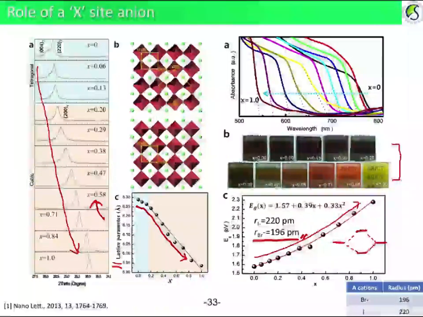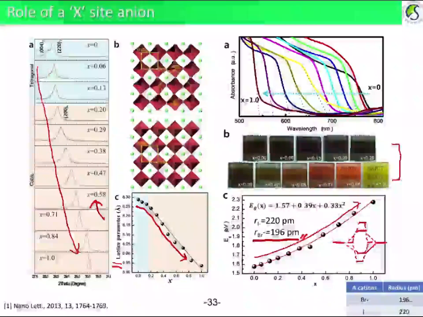For example, for this case, it will form like this. But as we decrease the distance between two molecular orbitals, the overlap will become more significant to increase the band gap of the materials. And that is why the band gap of the perovskite film is increased with the incorporation of bromide ion.